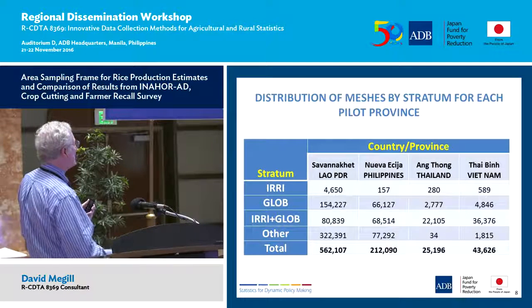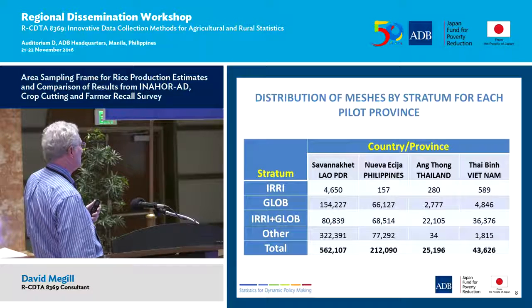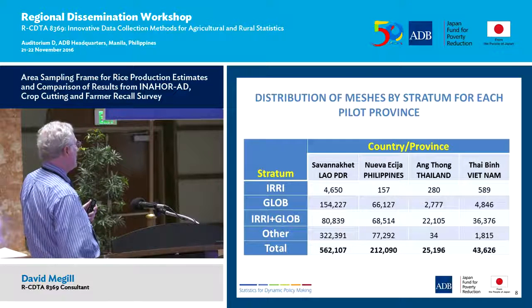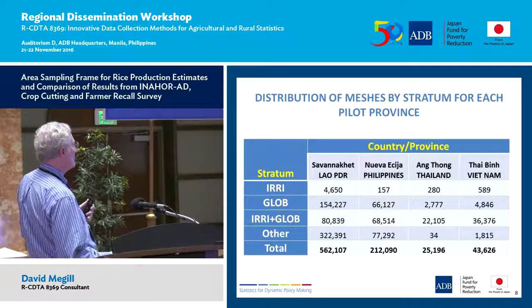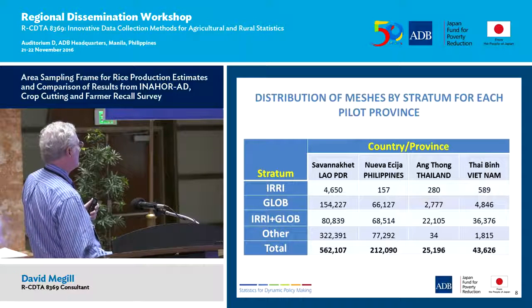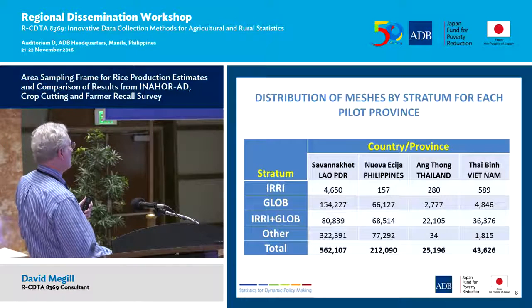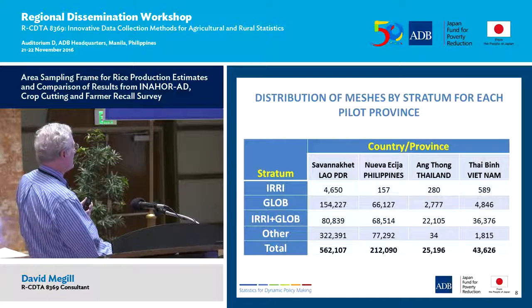And you can also see the distribution varies a lot in terms of the different strata. And so you find, for example, that in Savannakhet, you have a relatively small percent in IRRI-GlobCover and a larger amount in GlobCover, but most of the area is covered by other.